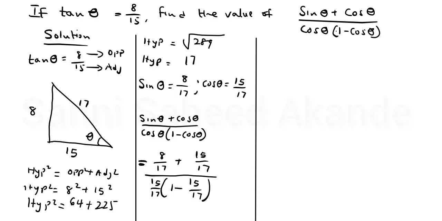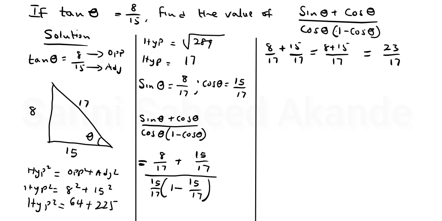Let's solve the numerator first. So the numerator, 8 over 17 plus 15 divided by 17, will be equal to 8 plus 15 over 17. And 8 plus 15 is 23 divided by 17. So that's the numerator.